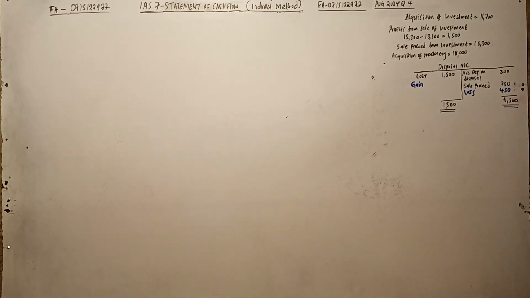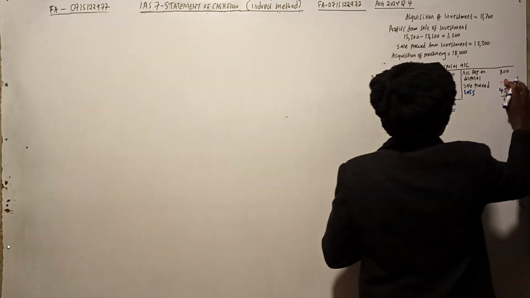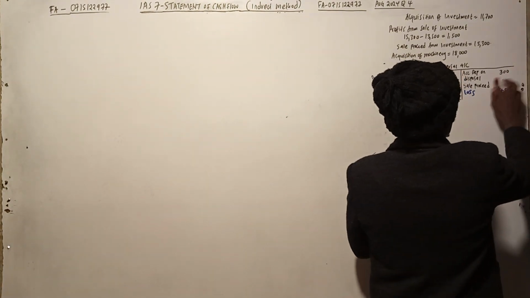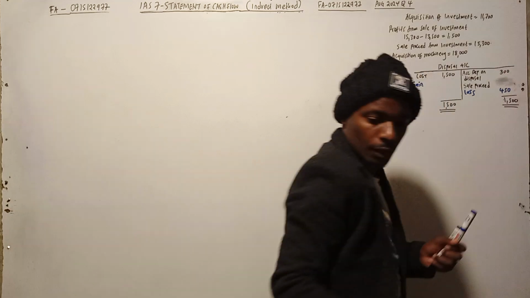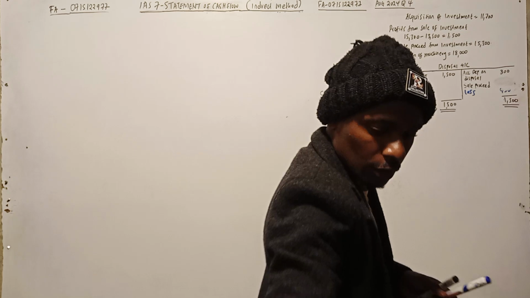After the disposal account, we can also prepare the PPE account. Because we had the disposal, kumbuka it is 750.